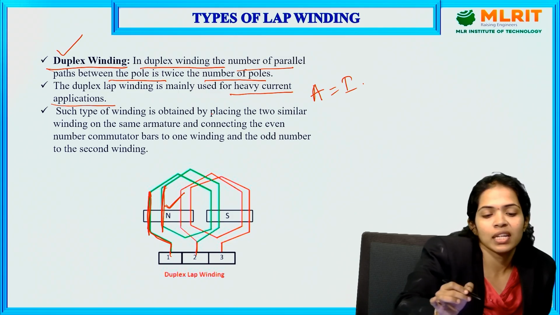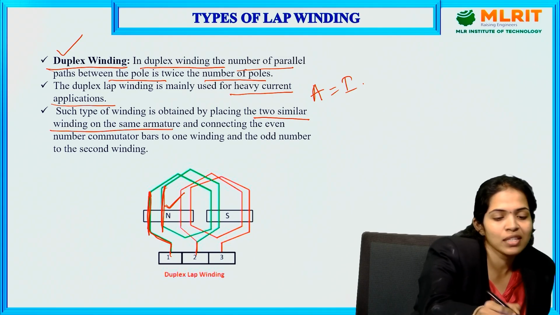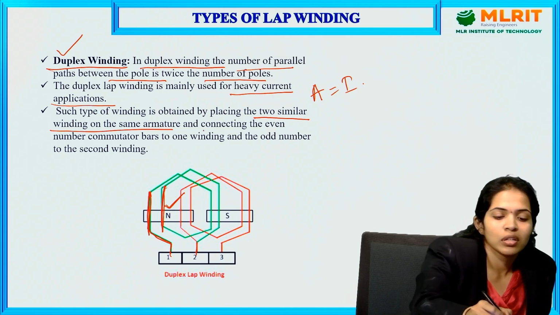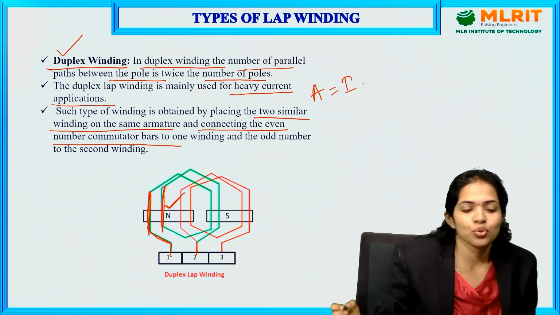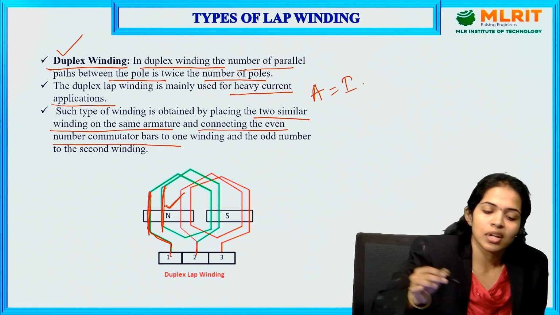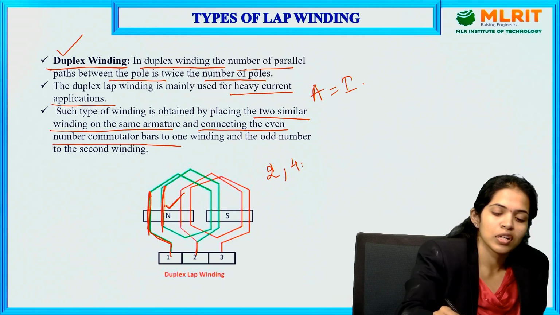Such type of winding is obtained by two similar windings on the same armature, connecting the even numbered conductors to one winding and the odd numbered to the other. The conductors 2, 4, 6, 8 are connected to one segment of the commutator.